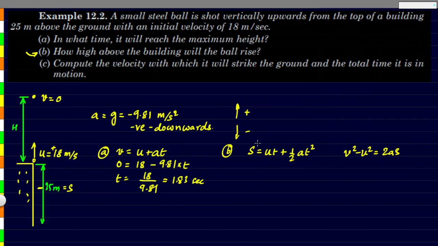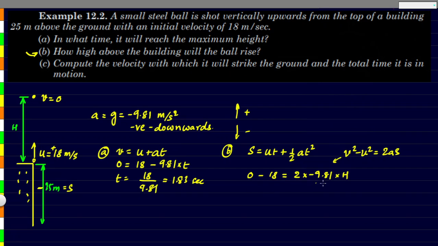We could use this equation as well, but if you want to go with only the given values that are in the question, it's better to go with the second one. Let's take the second equation and substitute all the values that we know. We know the final velocity is 0, initial velocity is upwards, that is 18, and on the other side we have the acceleration acting in downward direction, hence negative 9.81, and the height is what we want to find, so that's going to be h.